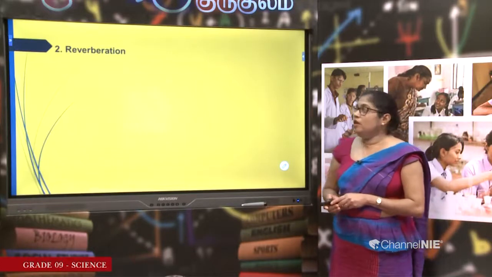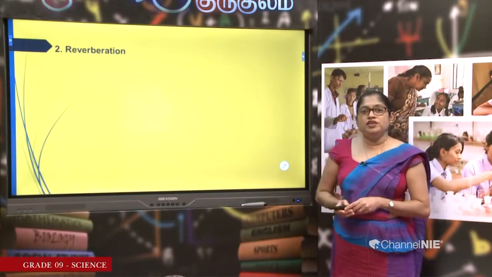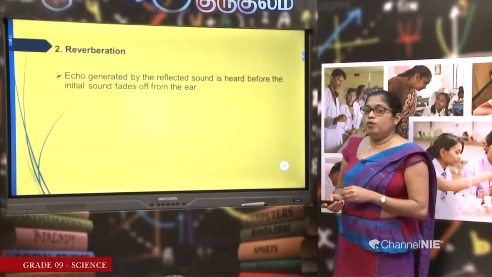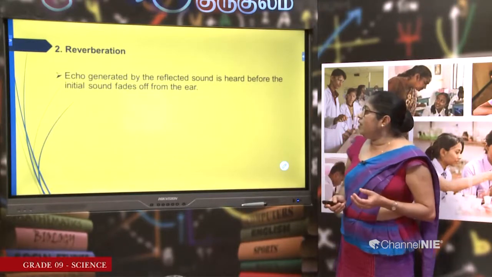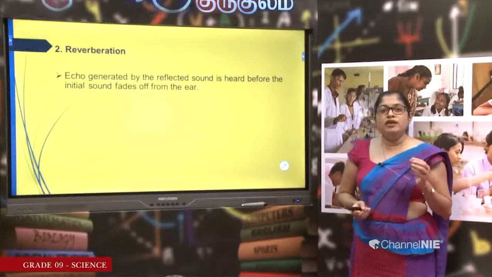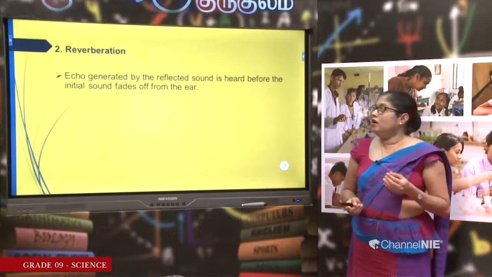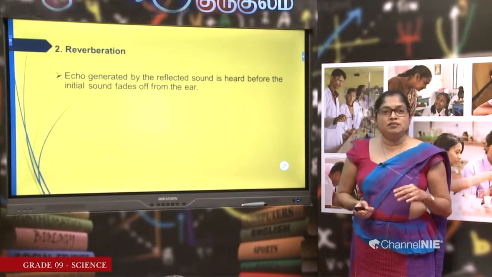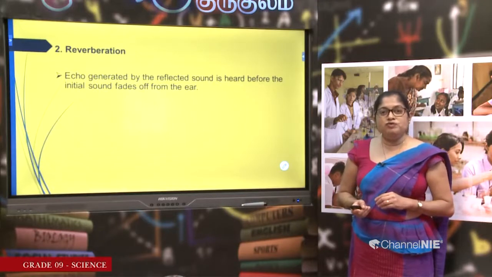So, let us see what reverberation is. Here, the echo generated by the reflected sound is heard before the initial sound fades away from the ear. As I told you earlier, when we hear a sound, it persists in the ear for some time, that is 0.1 second.